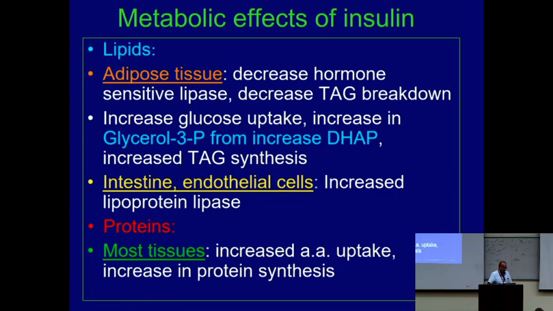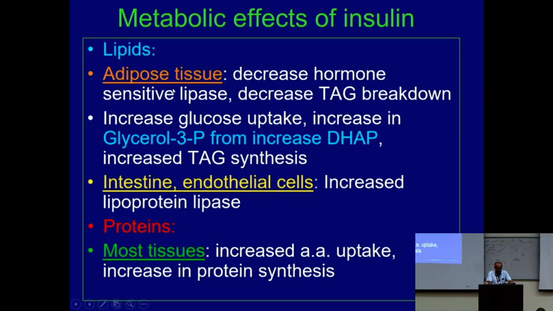Now the effect of insulin on lipid metabolism. Let's start with adipose tissue. You remember, adipose tissue is where we store a lot of TAGs. The adipocyte is roughly 80% TAGs.